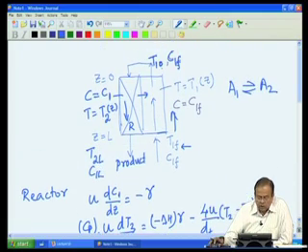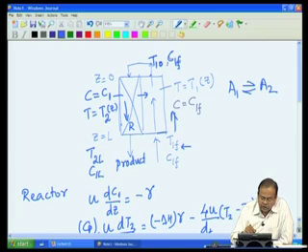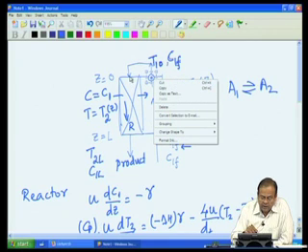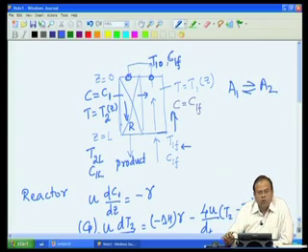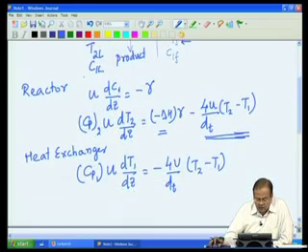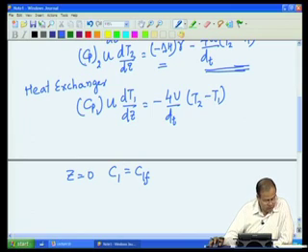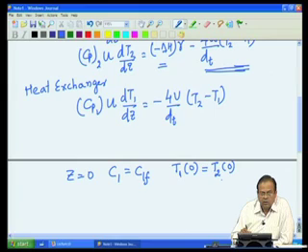But I do know that the temperature of the gaseous stream coming out at Z equal to 0 is the same as the temperature of the gaseous stream that is entering the reactor. So I can write a coupled equation, namely the temperature of the gaseous stream that is coming out of the shell is the same as the temperature of the stream that is entering the reactor, which is some value T10.